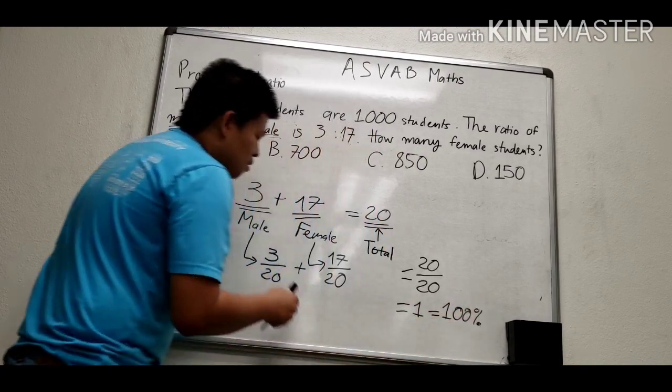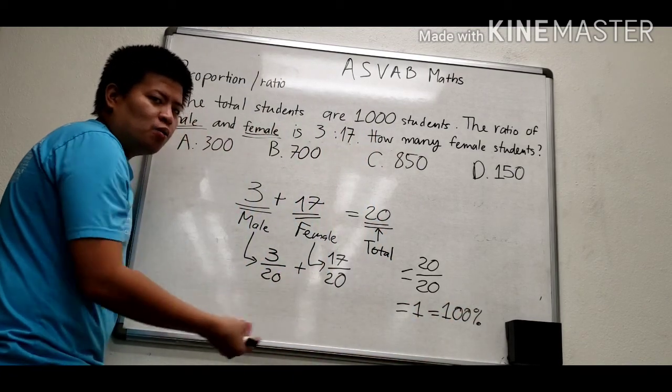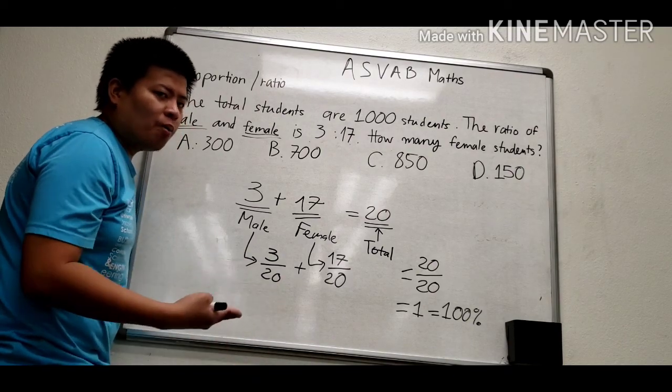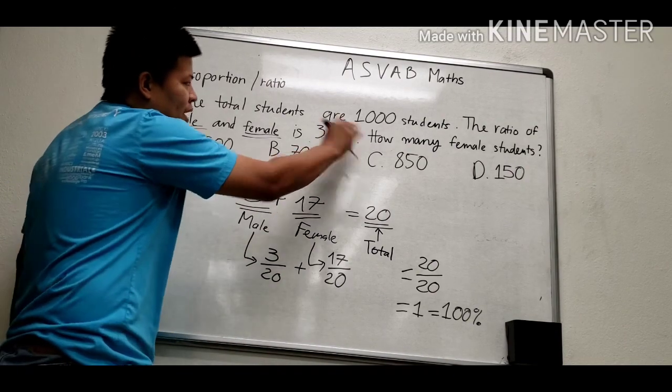This means that when the two fractions sum together, they represent the whole population of 1000 students.